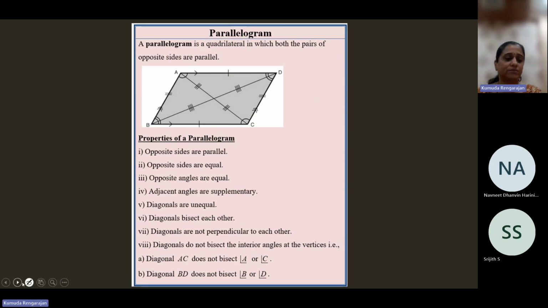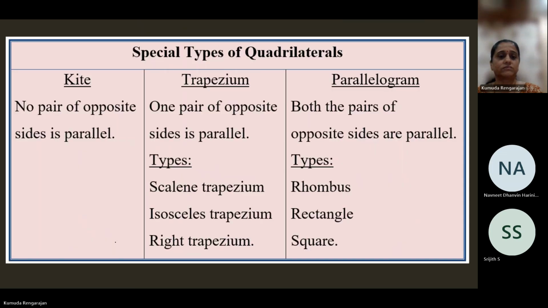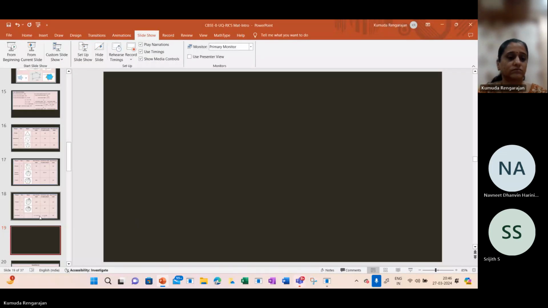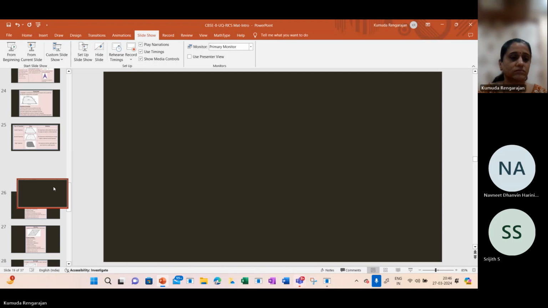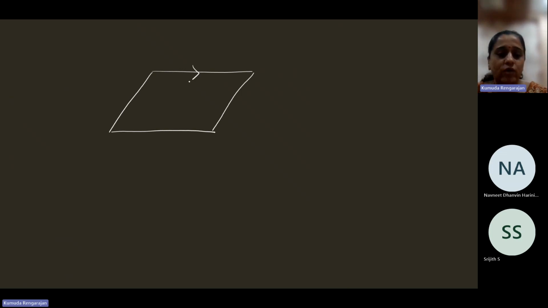Yeah, next, parallelogram. In a parallelogram, both pairs of opposite sides are parallel.